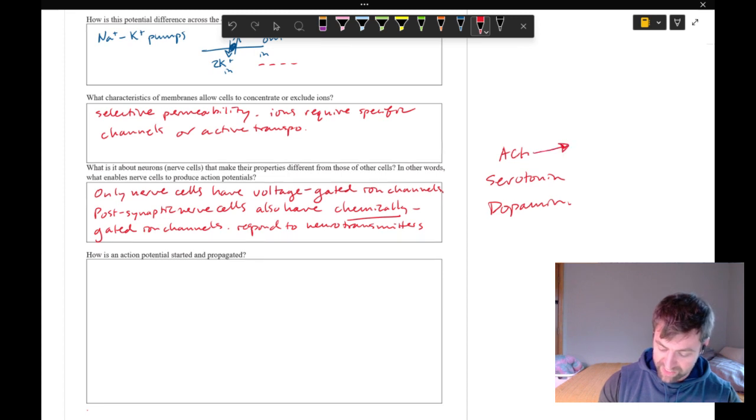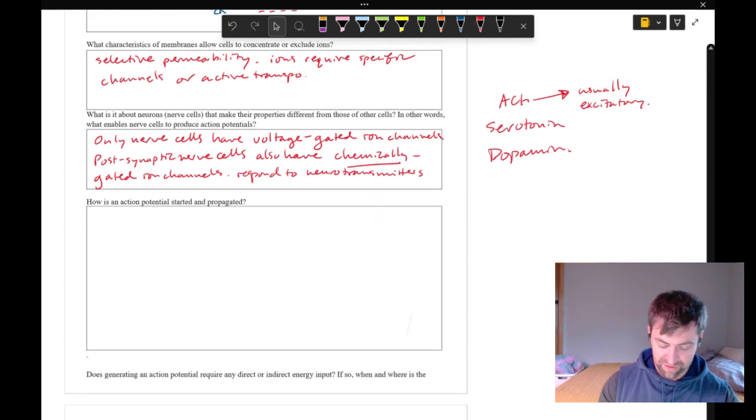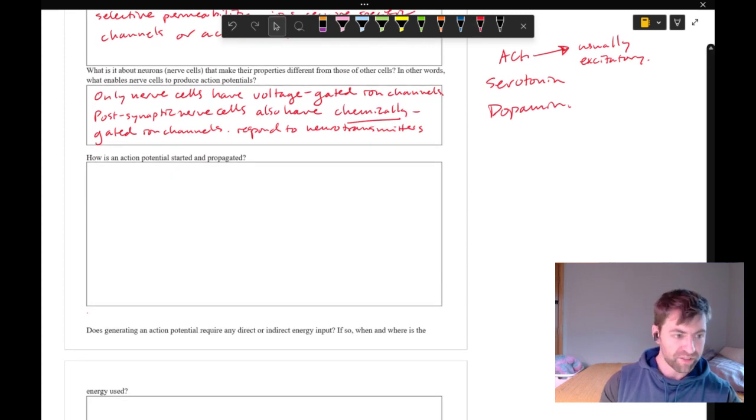Acetylcholine is almost always, usually, excitatory, especially if we're talking about neuromuscular junctions. That may or may not be relevant for you guys yet, but it's a good one to know.